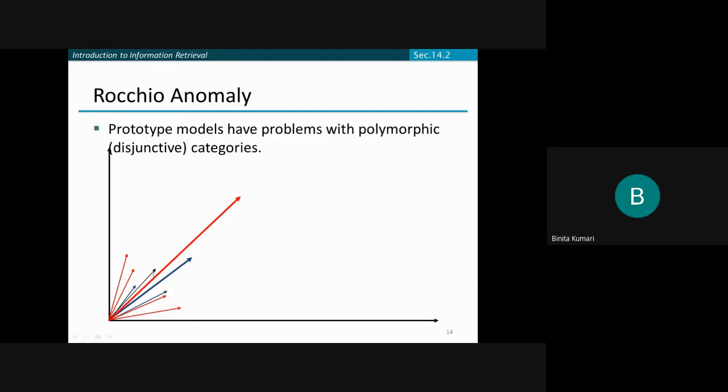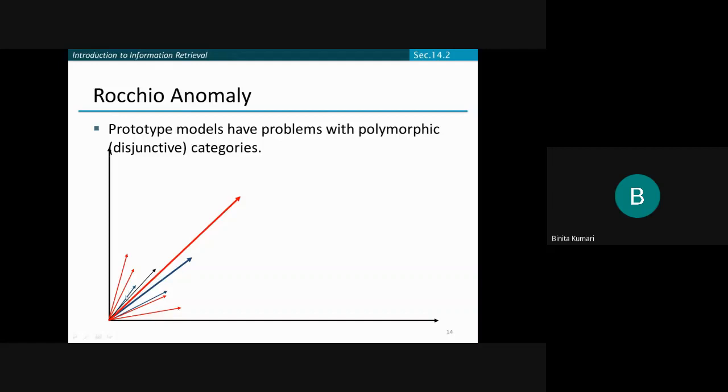So actually, when we represent it, it is very much close to the blue documents. That means it has more similarity with it. But when we are taking the concept of centroids and finding out the distance, it is having less distance from the red centroid as compared to the blue centroid. So that's why we assign it to the red class.